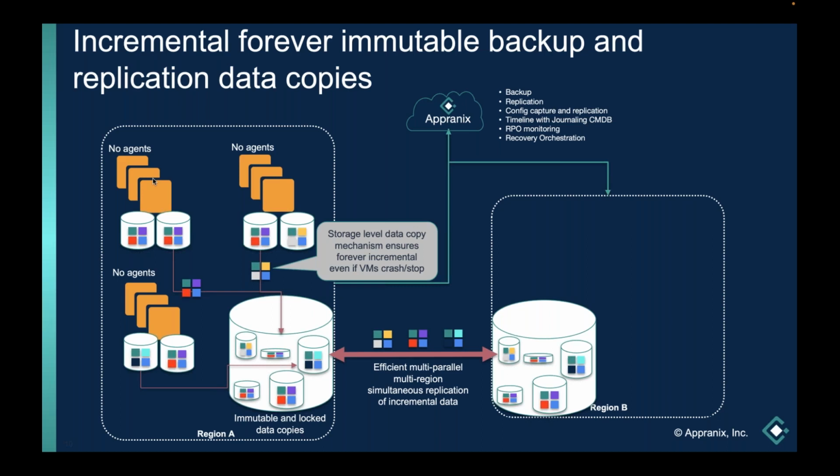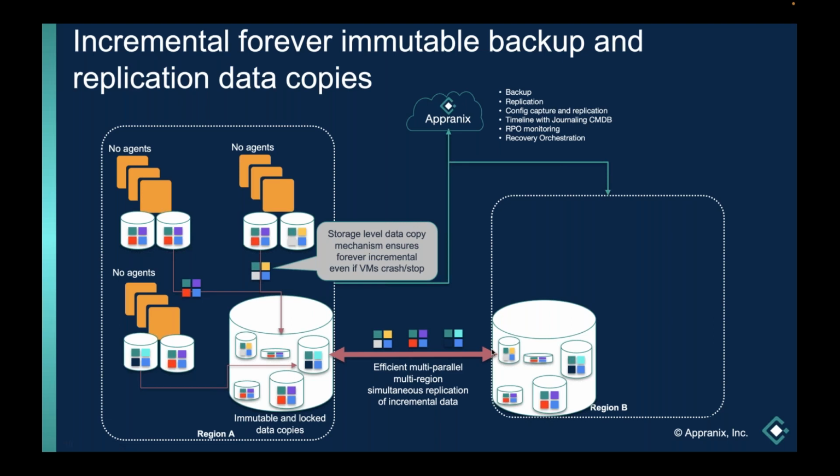We all know the data sizes are increasing. Data gravity is real. So why go through that pain instead of just incrementally copying all of that quickly to the other side, right? And Appranix makes sure that it not only keeps a copy in your local region, but also copies incrementally again to another region. And that's it in terms of cost-wise, right?